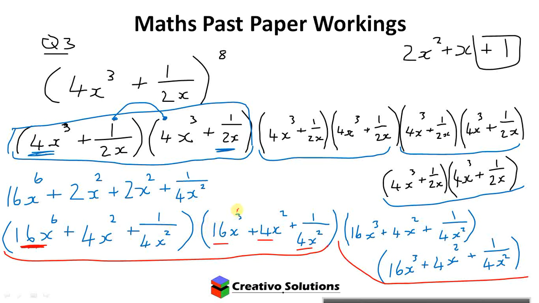It's actually x to the 6. All of these are x to the 6. So 16 to the 6 times 16 to the 6? No, 16 times 16 is what? 256. 256, great.